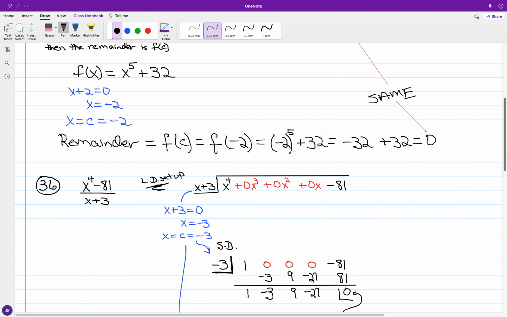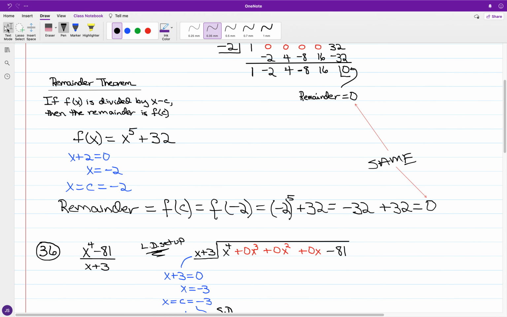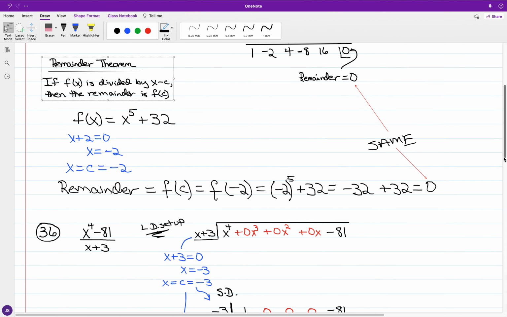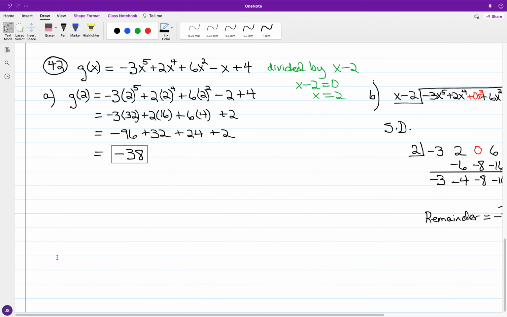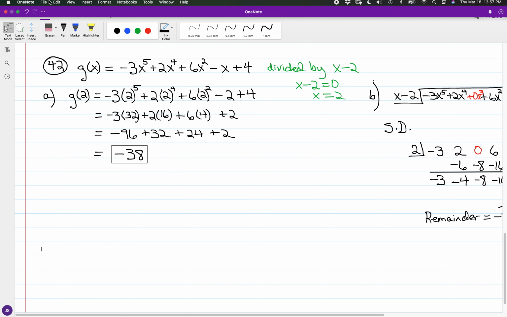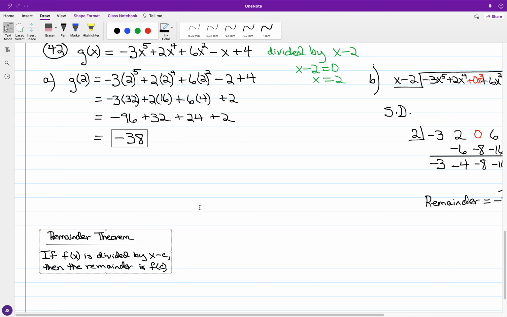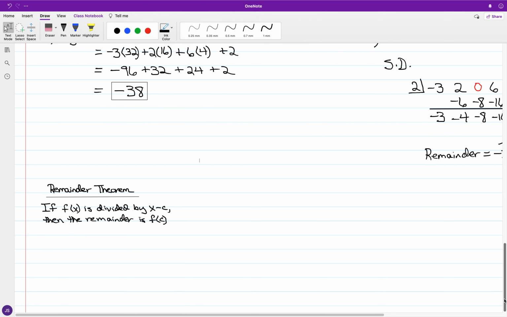To restate, with the remainder theorem, if f of x is divided by the binomial x minus c, then the remainder is going to be f of c.